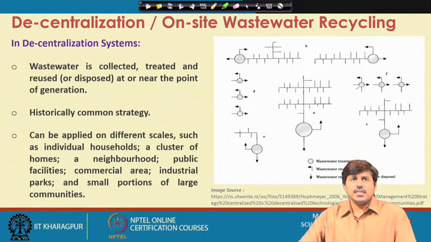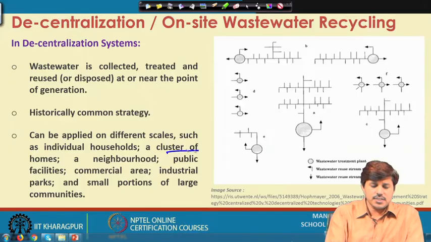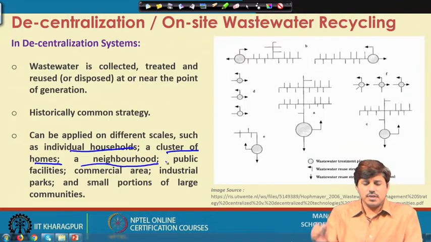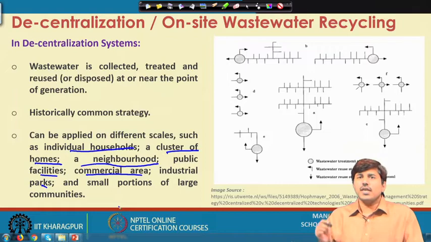The decentralized system can be applied to different scales. Okay, so the scale of decentralization is very important, to what scale we decentralize. The smallest scale is the individual household scale, then we can have a cluster of various homes or a neighborhood, then the public facilities, commercial areas, industrial parks and a small portion of the large communities.